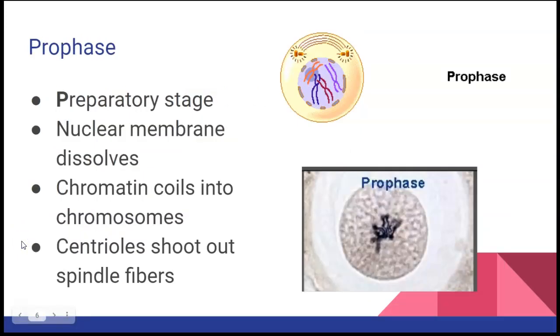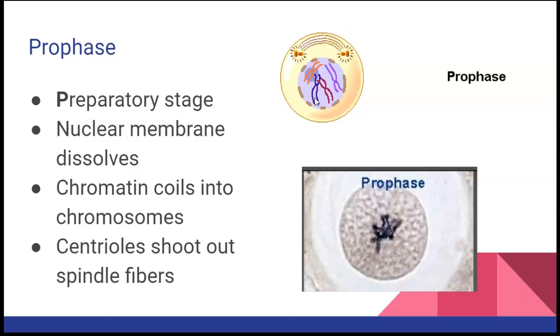In prophase, you can remember this as the preparatory stage, right? Because it starts with a P. In this stage, the nuclear membrane dissolves, right? So our nucleus is starting to dissolve, and chromatin, right? Because in interphase, the DNA is in chromatin, but in prophase, that chromatin coils into chromosomes.